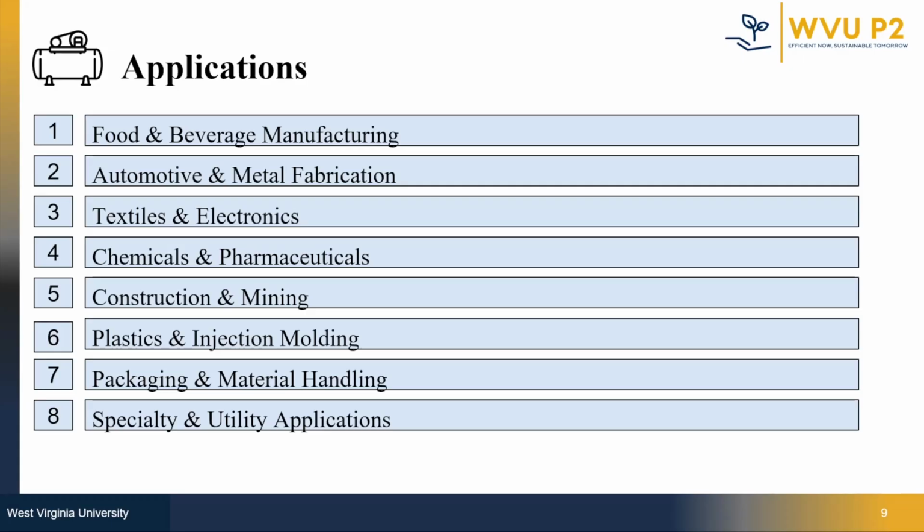It is also used in forming and shaping materials. It plays roles in material handling, HVAC systems, air brakes, and even energy storage. Across this sector, compressed air is truly a versatile energy source, but it also comes with a high energy cost if not managed efficiently.